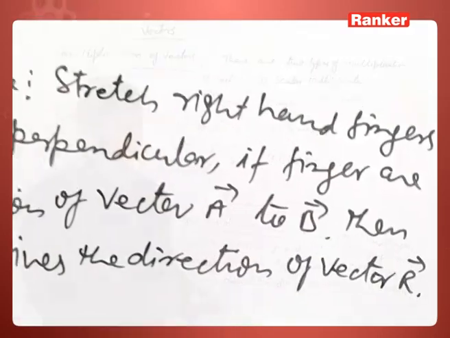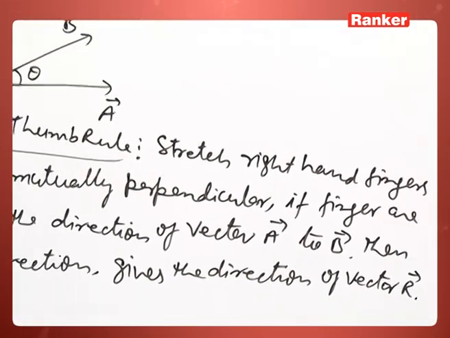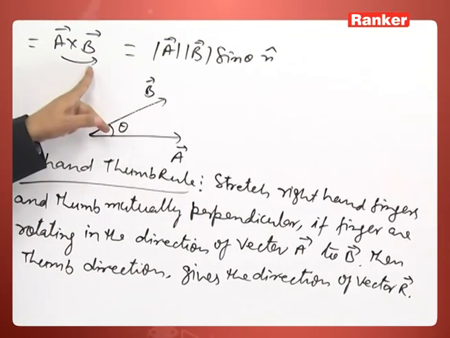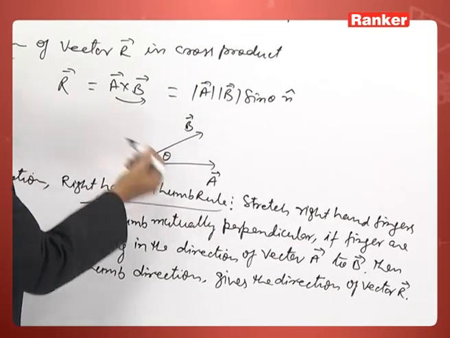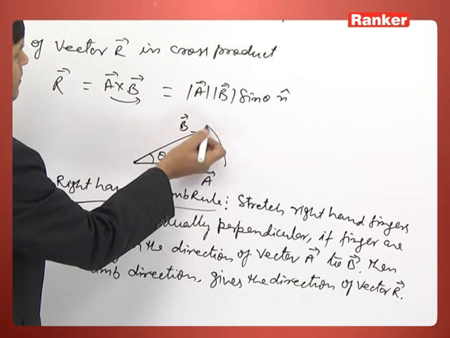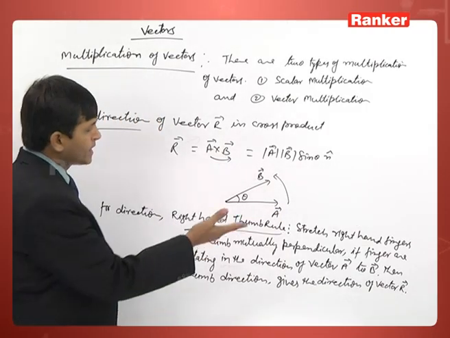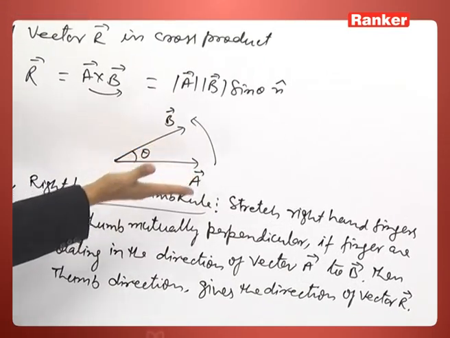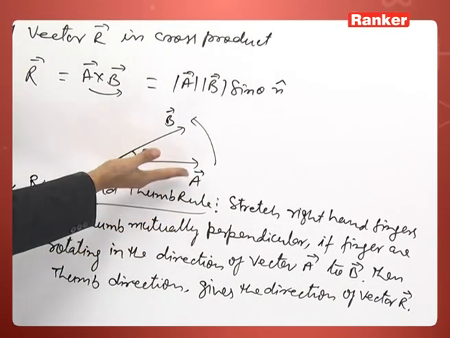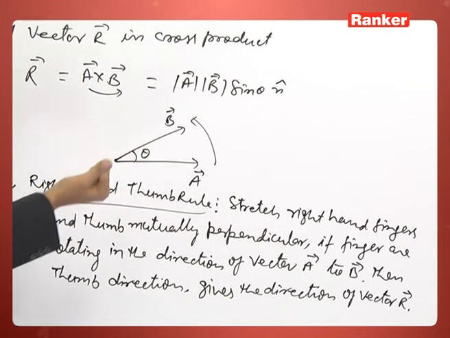See, according to the right hand thumb rule, since we are finding r is equal to A cross B, we have to move from A to B. So, when we are moving from A to B, just stretch your fingers from A to B. Then where is the thumb? Thumb is outward.